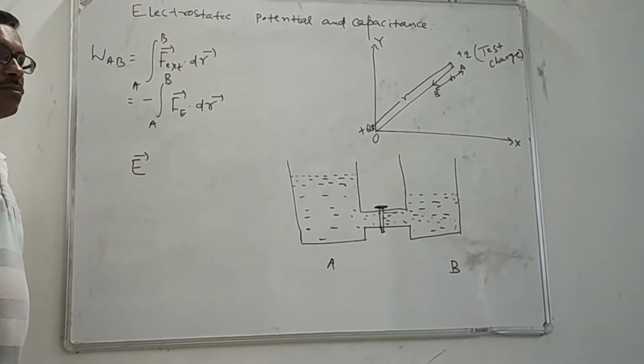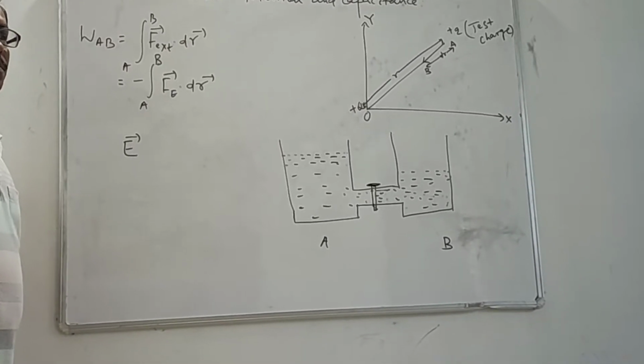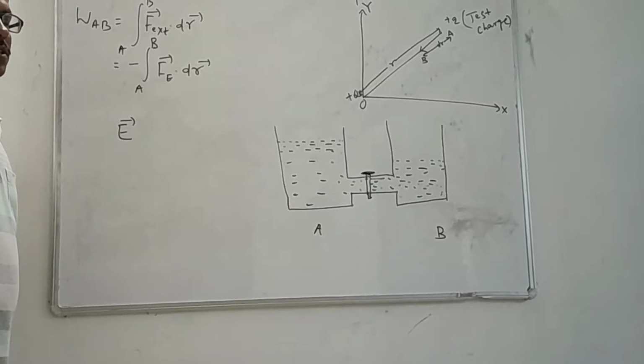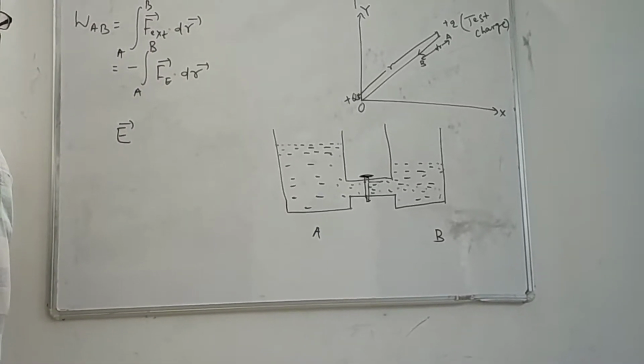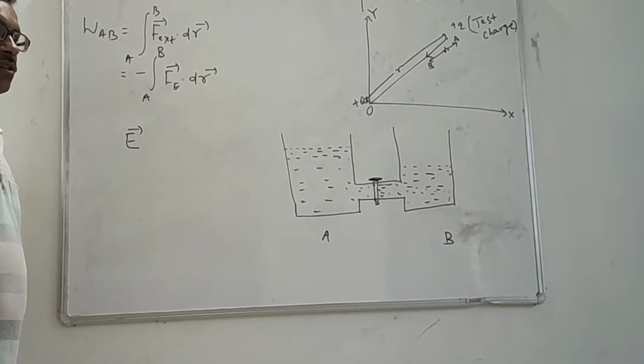Similar to the potential energy of a mass in a gravitational field, we will find the electrostatic potential energy of a charge in an electric field.